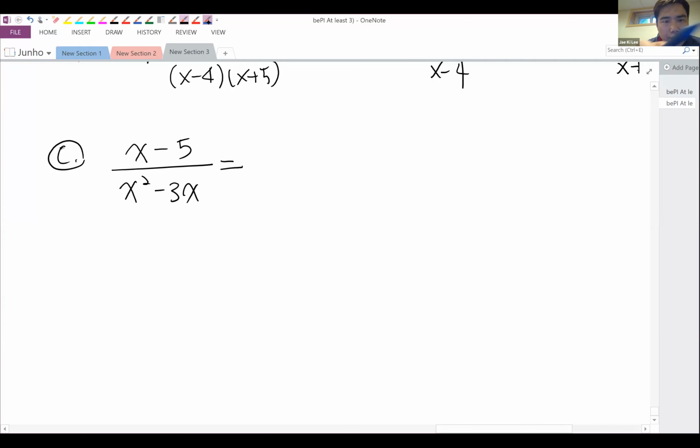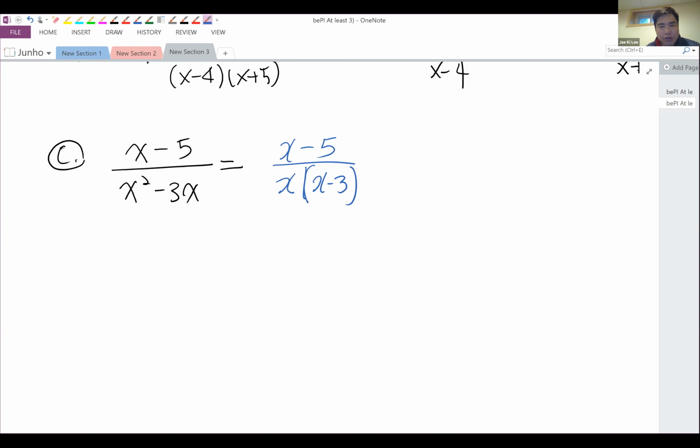Then this becomes x minus 5 over x times (x minus 3). Basically x squared and 3x share a common factor x.